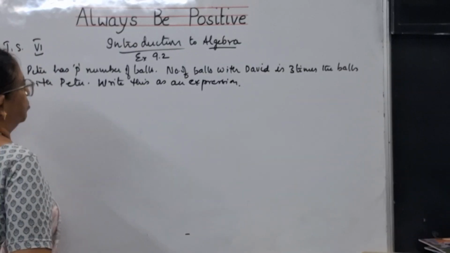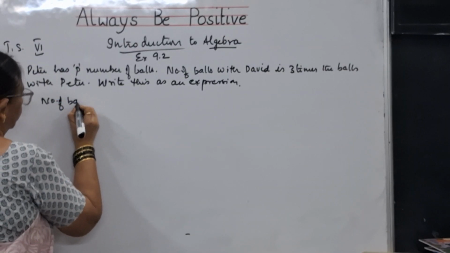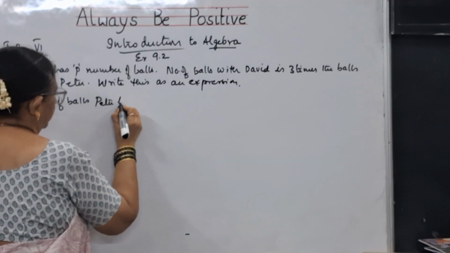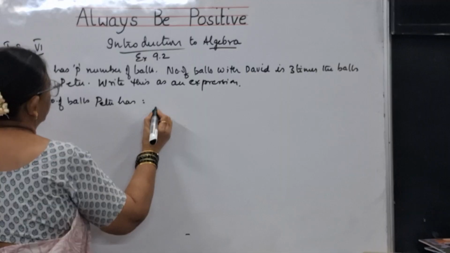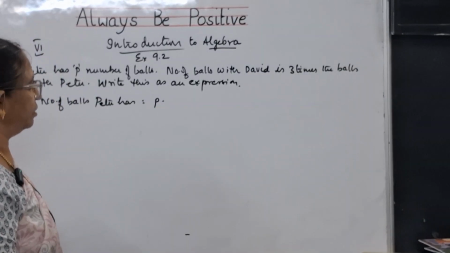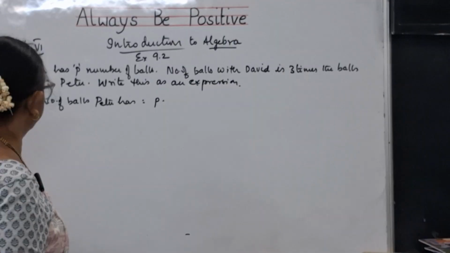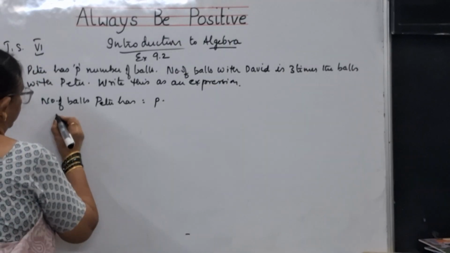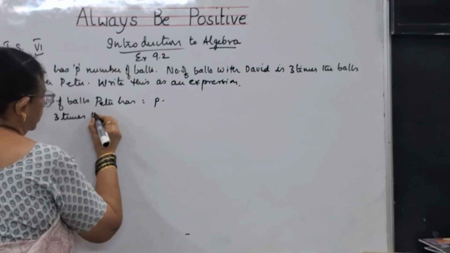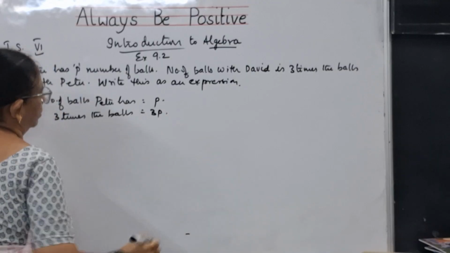Peter has P number of balls. So number of balls Peter has is equal to P. Number of balls David has is 3 times the balls of Peter. So 3 times the balls will be equal to 3P.